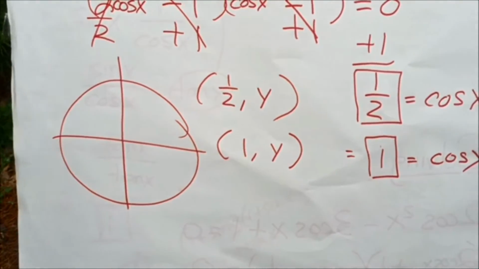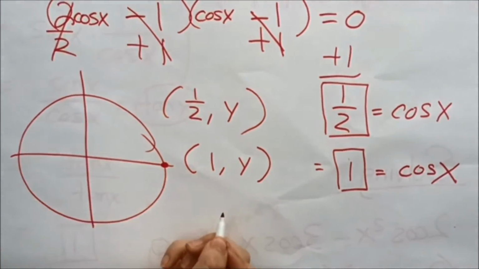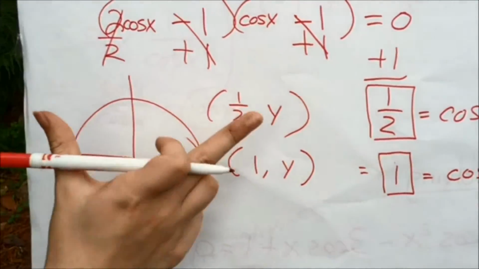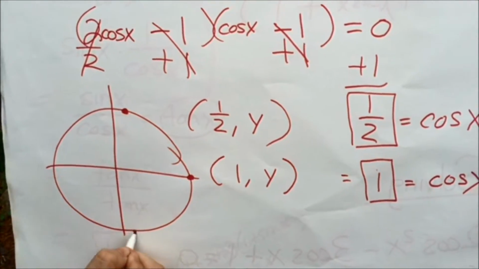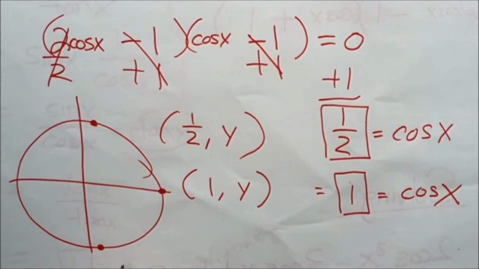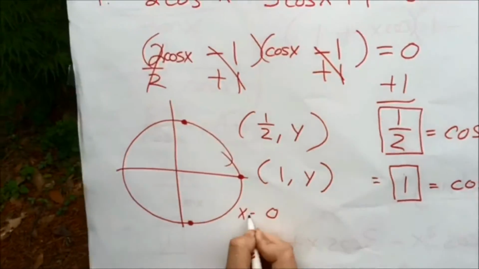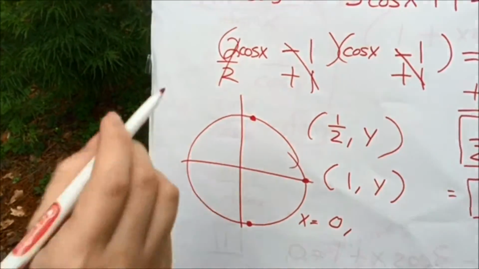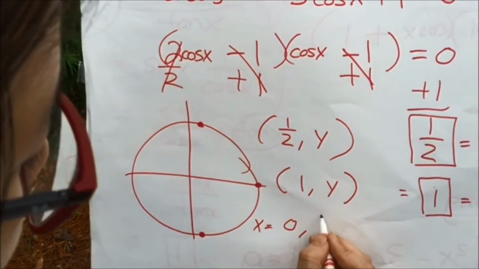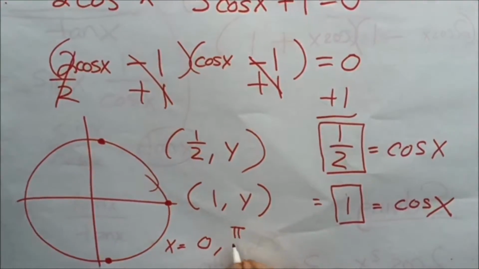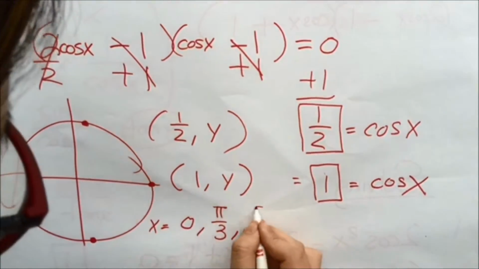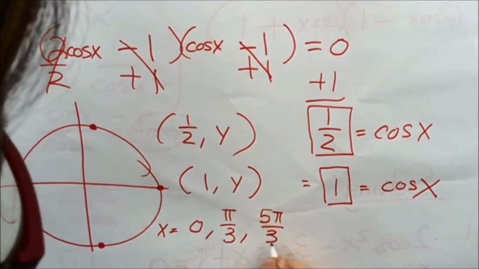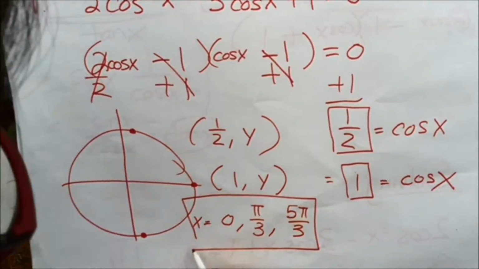So there's one here, and this is located here and here. So this is 0, and this is pi over 3, and this is 5 pi over 3. So these are the answers.